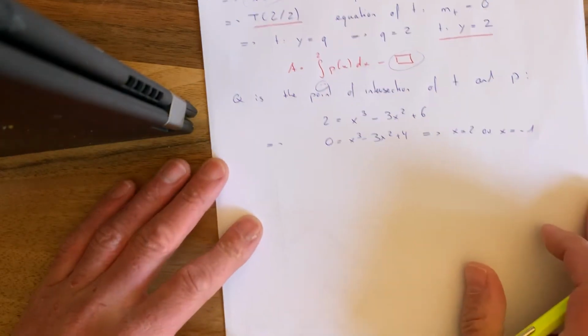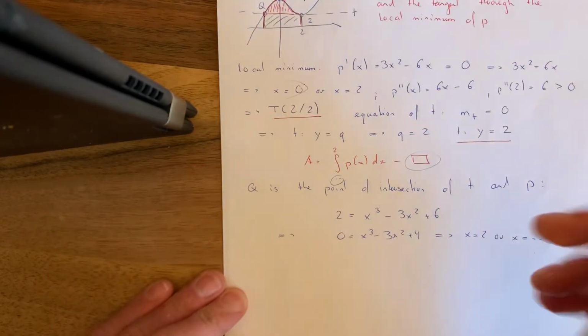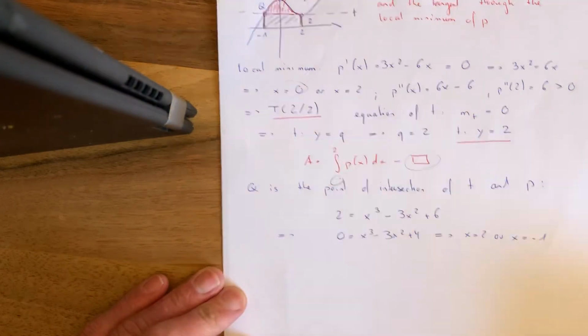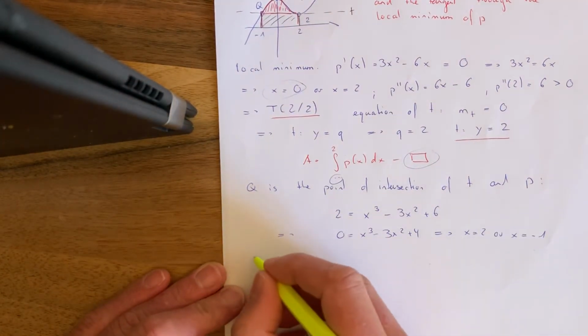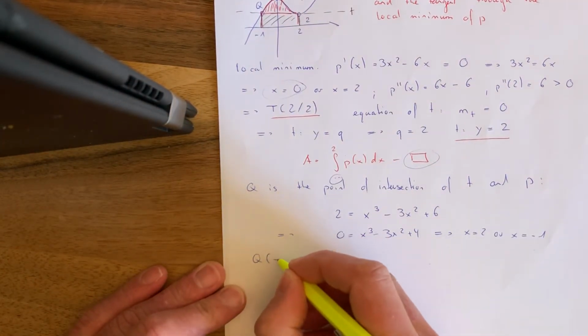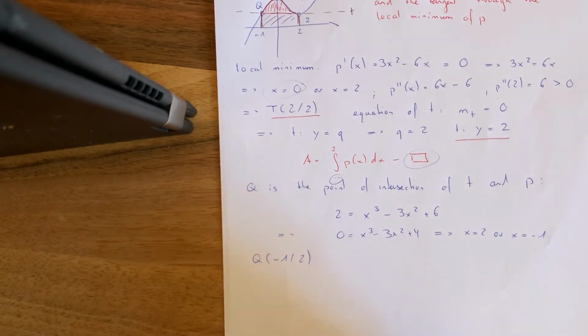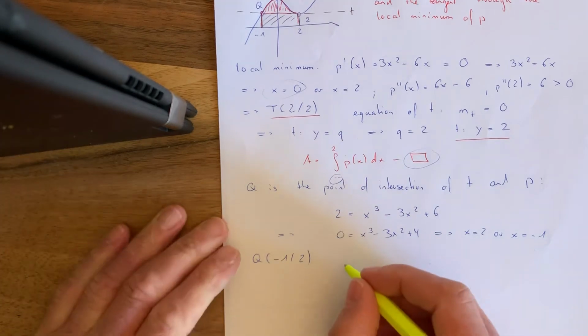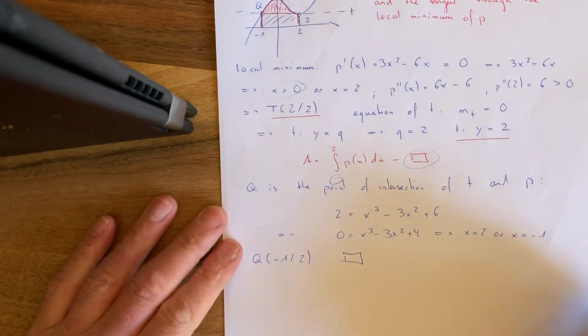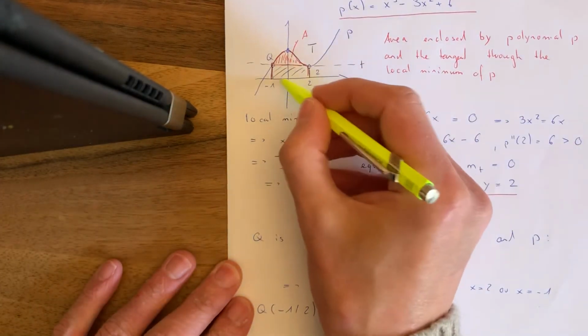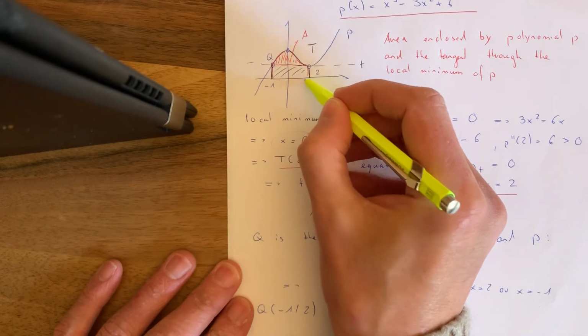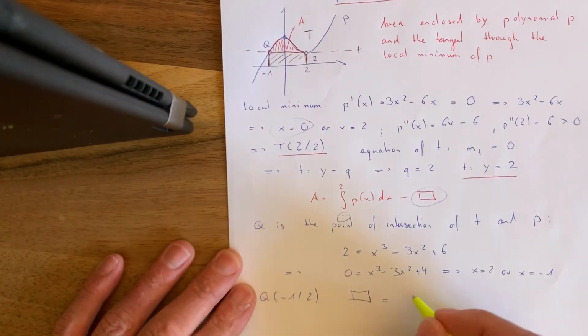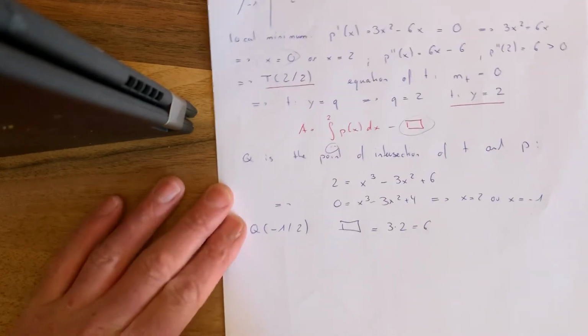And then you see x equals -1, so here we are at point -1, and Q has coordinates -1, 2. Now we are almost done, because now we can calculate the size of our rectangle. Here, side 3, this side 2, so the rectangle is 3 times 2, which is 6.